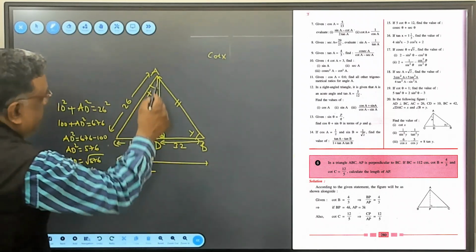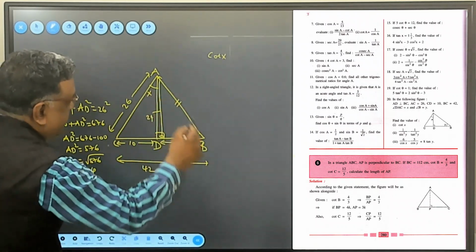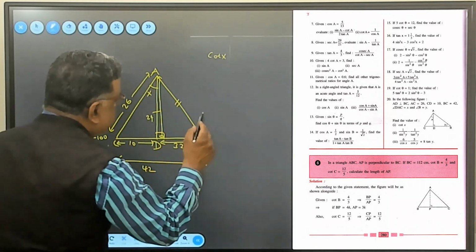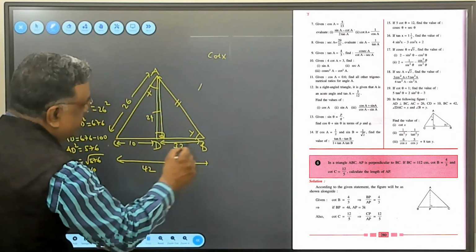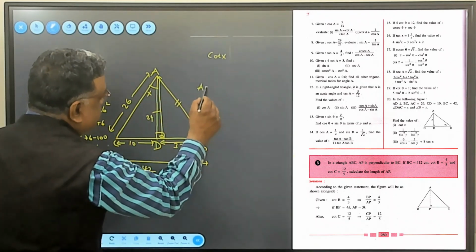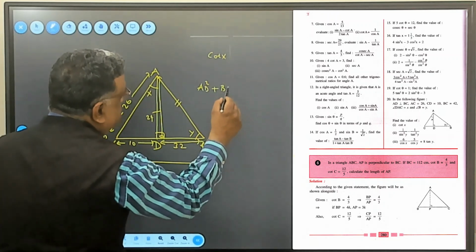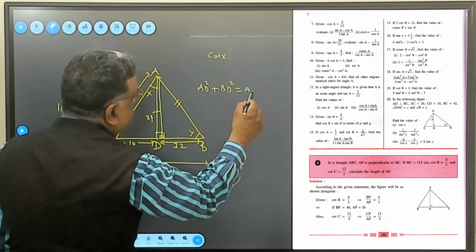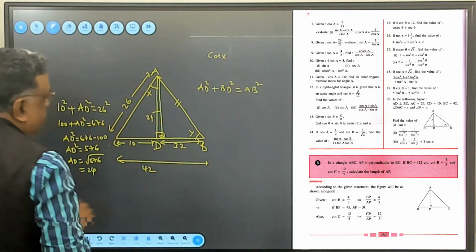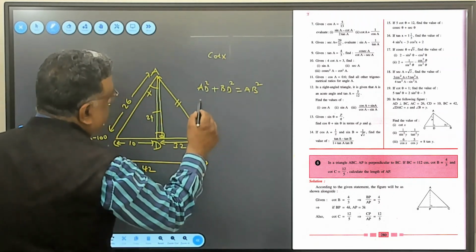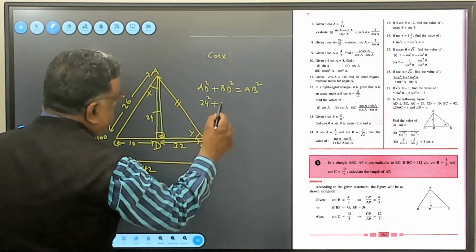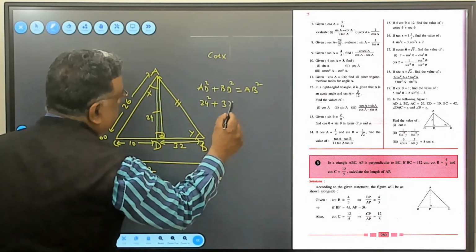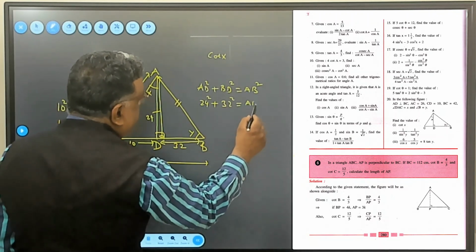Now this is 24, this is 32, and I need to find AB now. So let us find out. In this triangle ADB, I can write AD square plus BD square is AB square. Correct? So AD square is 24 square, BD square is 32 square, and AB I need to find out.